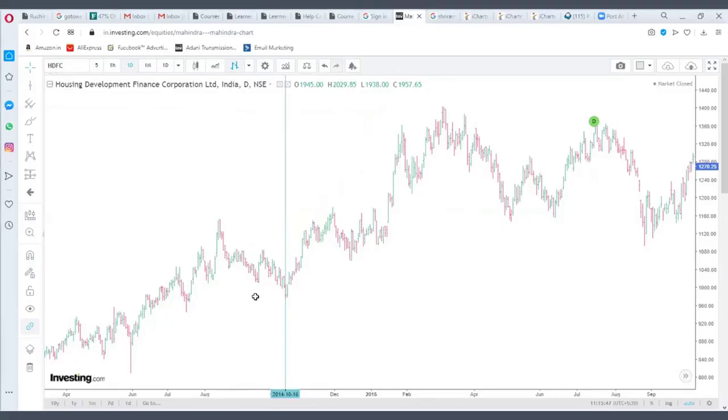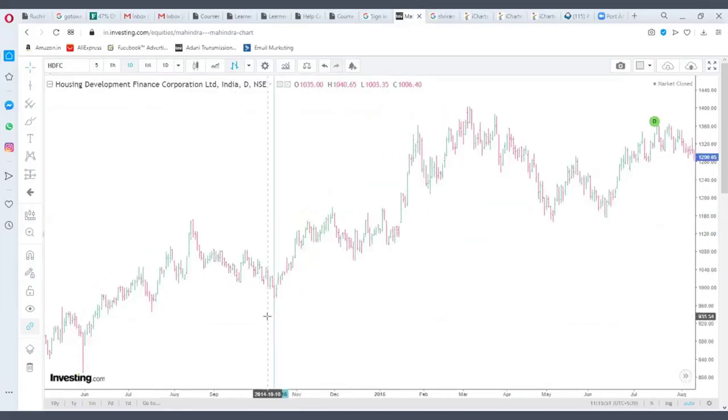So we had this date. Bottom was around 16th of October 2014.